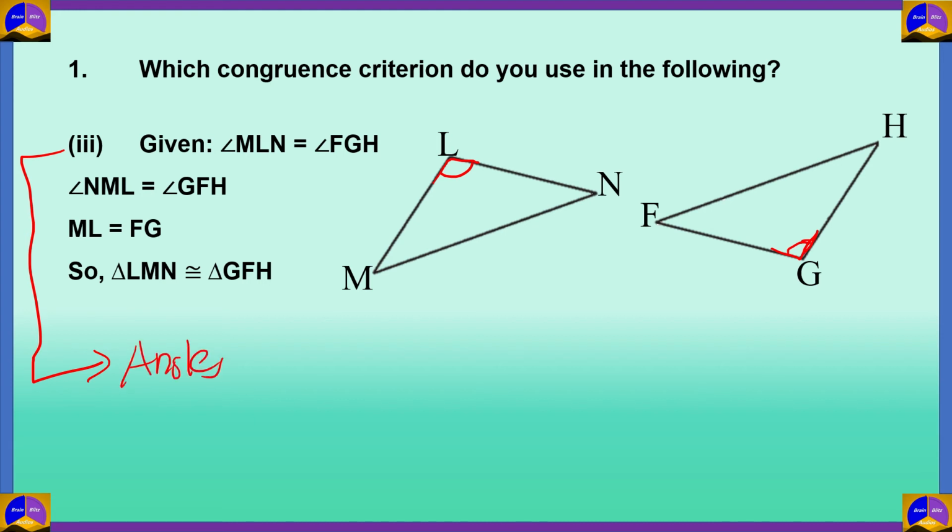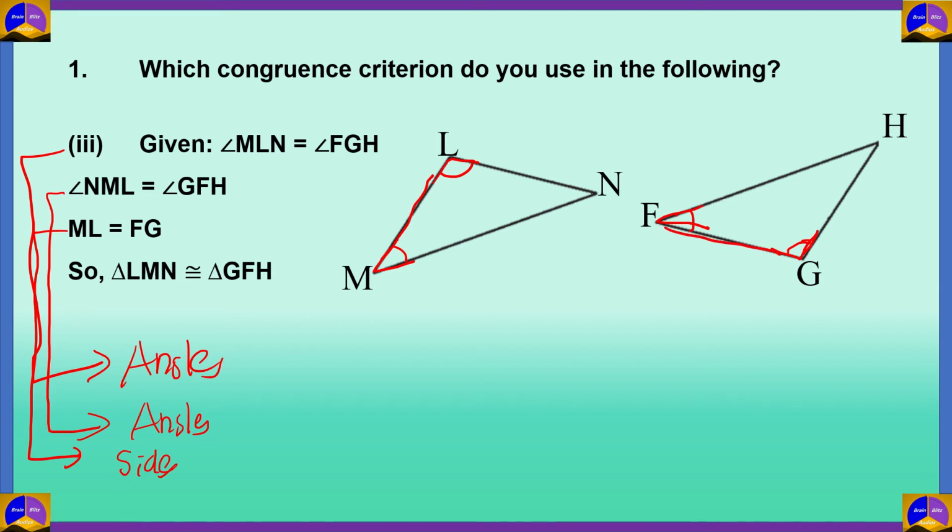Next we have angle NML is equal to angle GFH. So these are angles. Then we have ML is equal to FG. ML and FG, both are sides.